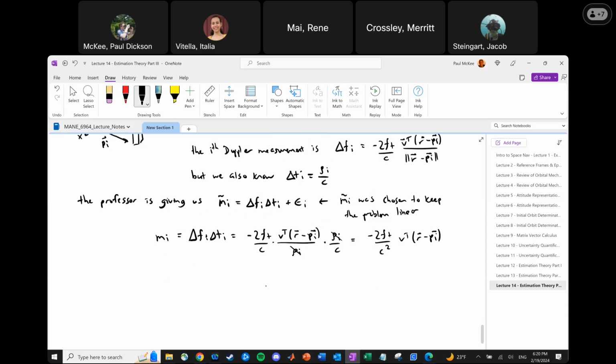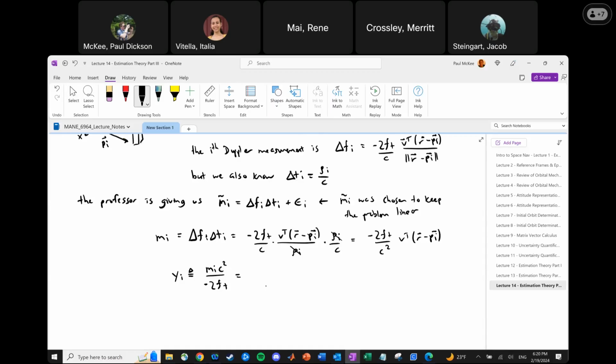Okay. So then if I say we're going to define yi, and that's defined as mi times c squared over negative 2 transmission frequency. All we're doing is moving some weird stuff. We're just getting all the stuff into the left-hand side of this equation, and we're going to call that the measurement.